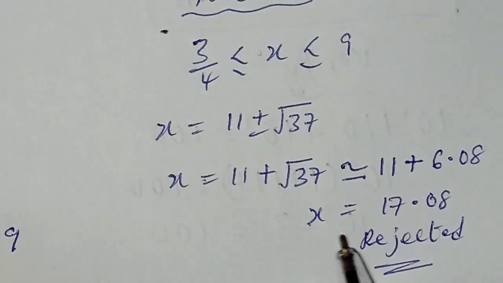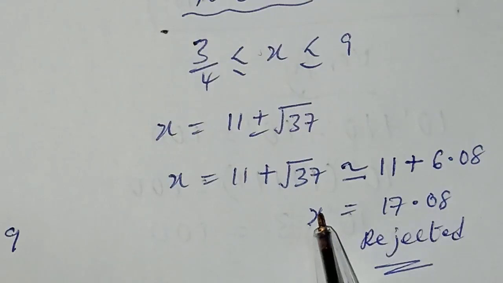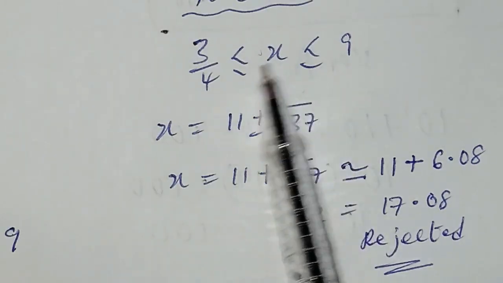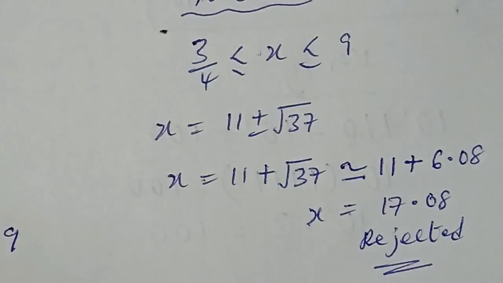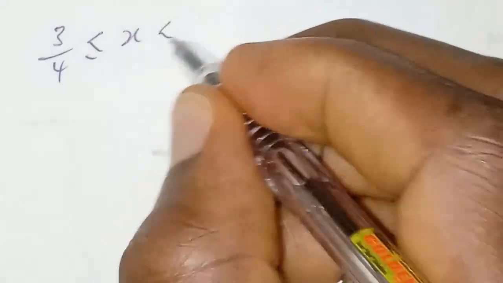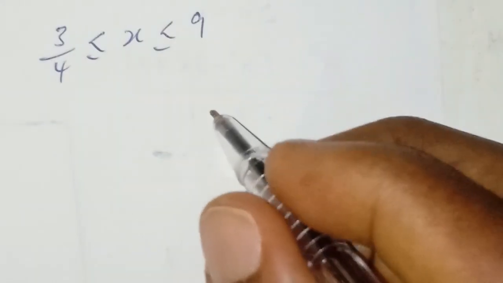So we test for the other value of x to see whether it satisfies this domain. Our domain is 3 over 4 less or equal to x less or equal to 9.